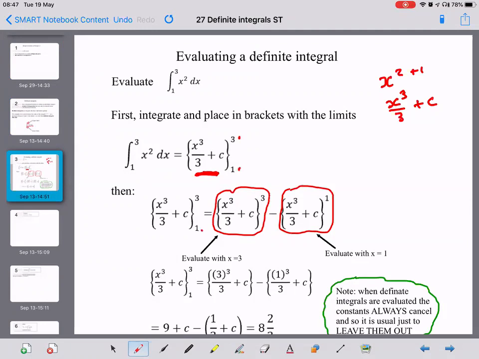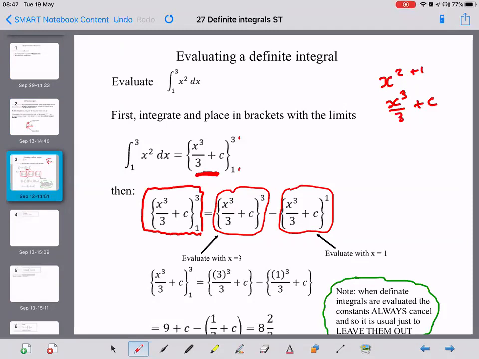Then the value of that function is equal to the function with the value of the upper limit, 3, take away the value of the function with the lower limit, 1.